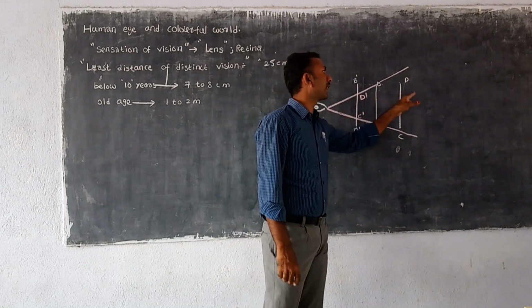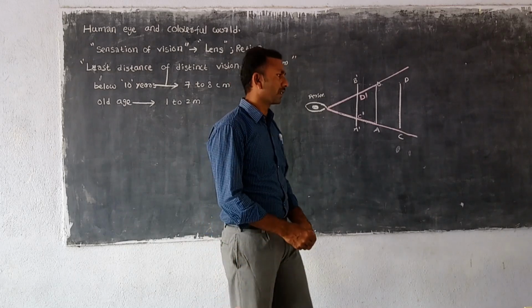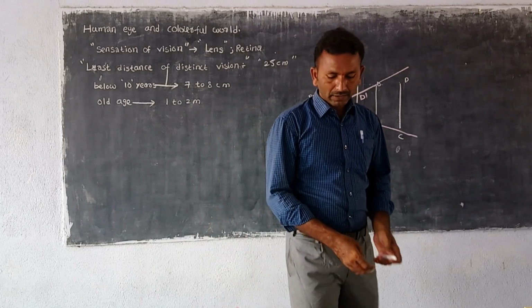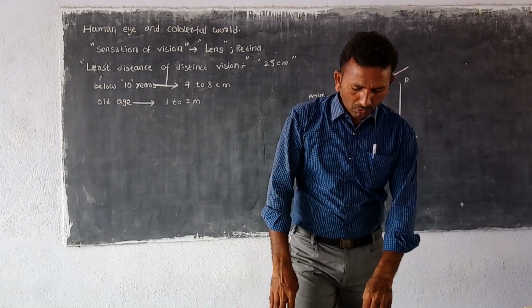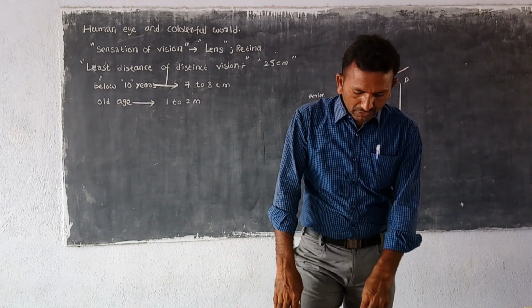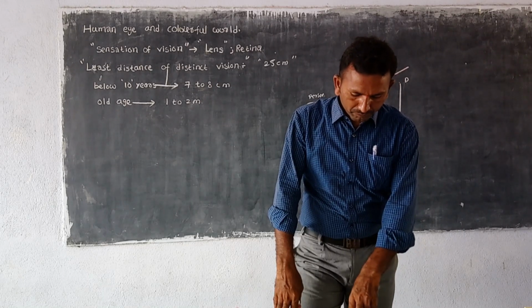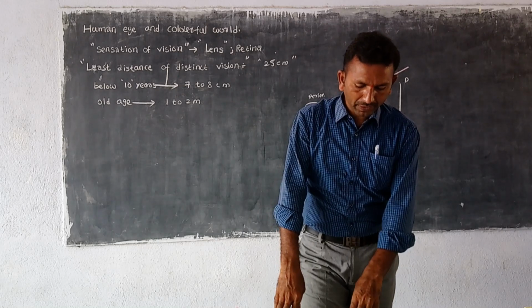And here, moving further away from the eye, the person is able to see the complete rod. This is the least distance of distinct vision. Will you be able to see the whole object now? From figure 2, you notice that you will be able to see only part EF of the object A dash B dash, because the rays coming from E and F enter the eye.